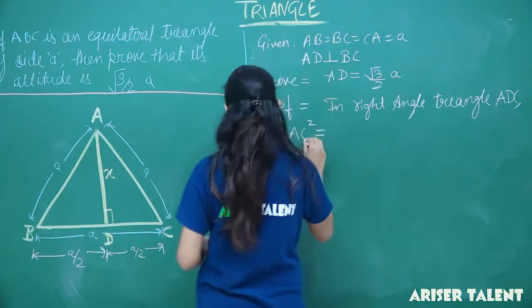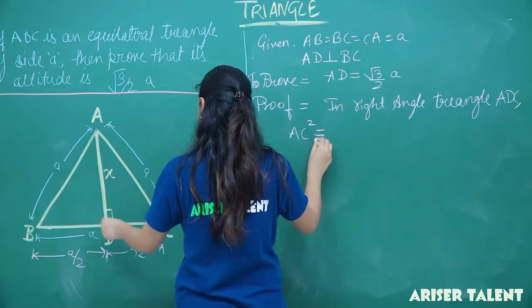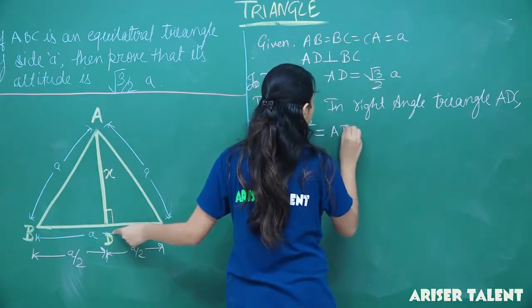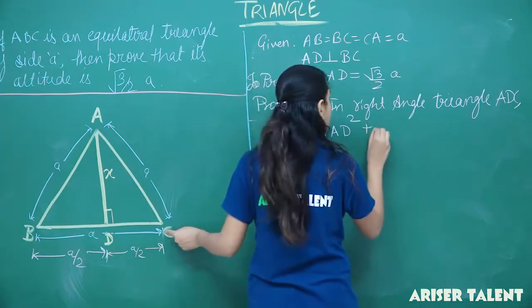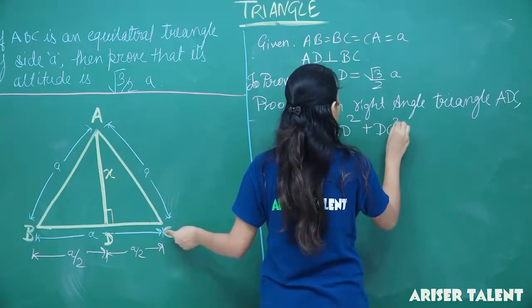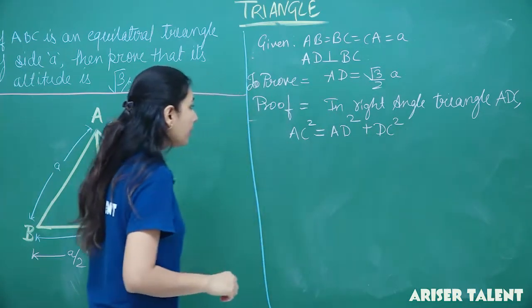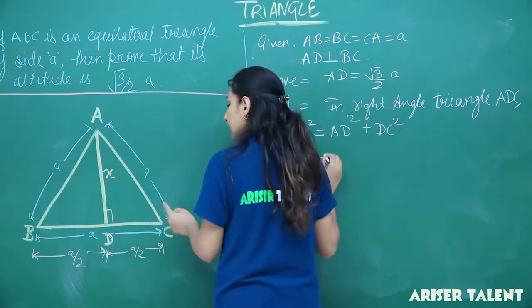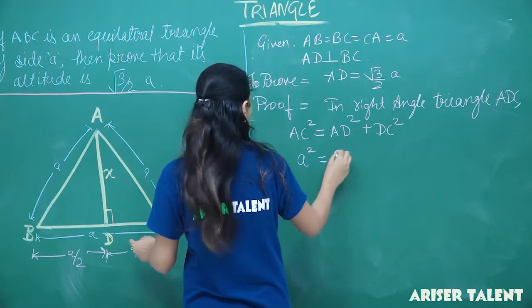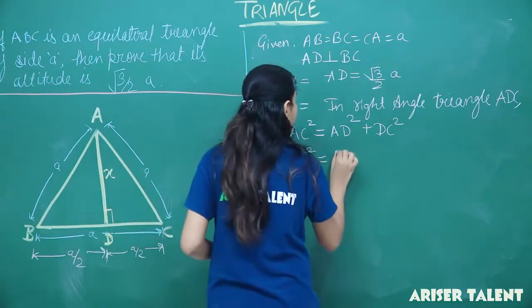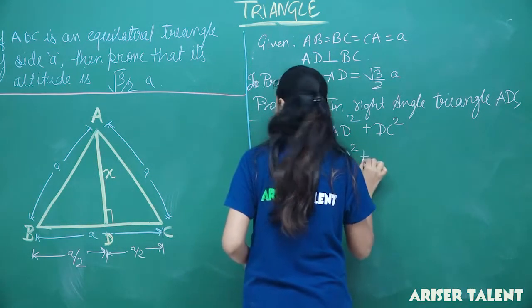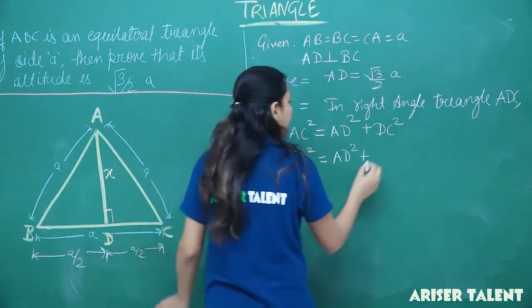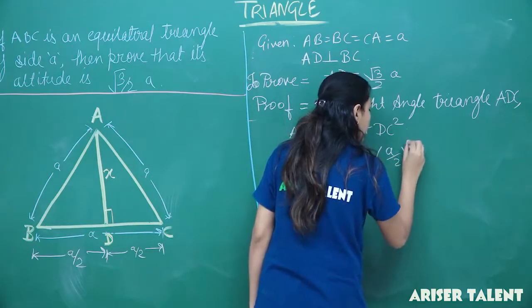So AC square will be equal to AD square plus DC square. Now AC is A, so A square equals AD square plus DC square, and AD square is what we have to find. Now DC is A by 2 whole square, right, students?